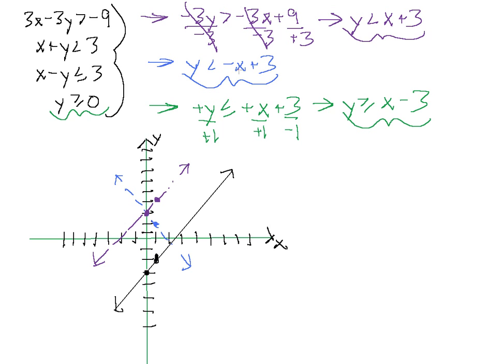We're looking for all the values that are underneath this line, and all the values less than this purple line. So what that's going to boil down to is this little triangular region right here. This is the solution interval for all the values that satisfy this system of inequalities.